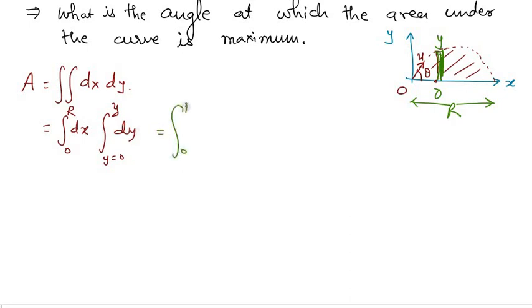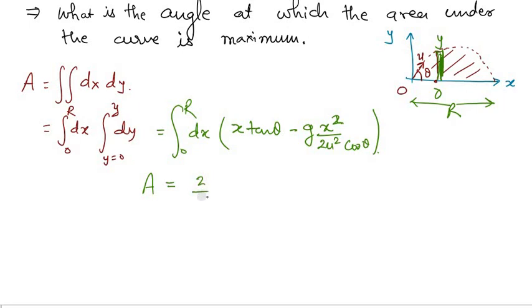So you will get the integral from 0 to range r of dx, and this integration will give you simply y, but I know y in terms of x. We just derived it: x tan theta minus g x square by 2 u square cos square theta. I am not doing all the calculations, but if you do this, your area under the curve will be 2 by 3, u raised to power 4 by g square, sine cube theta cos theta.